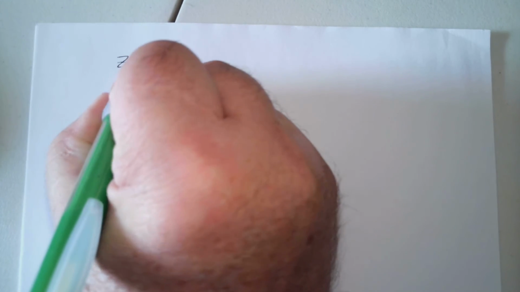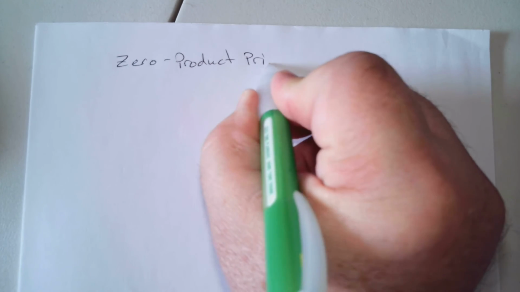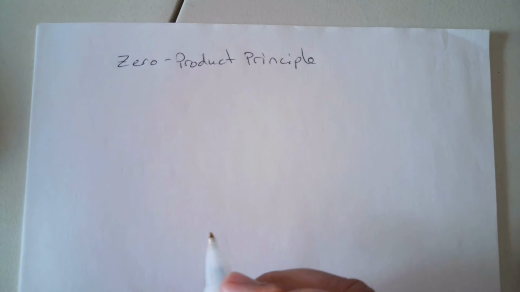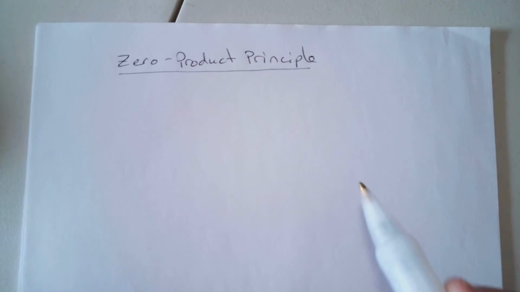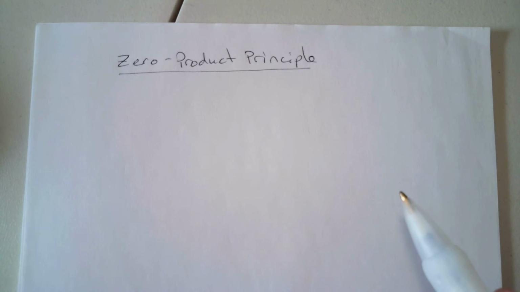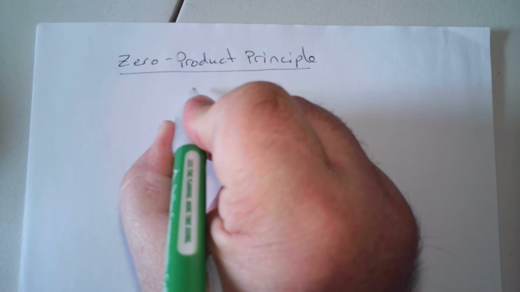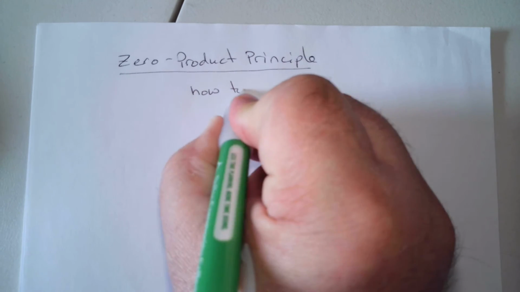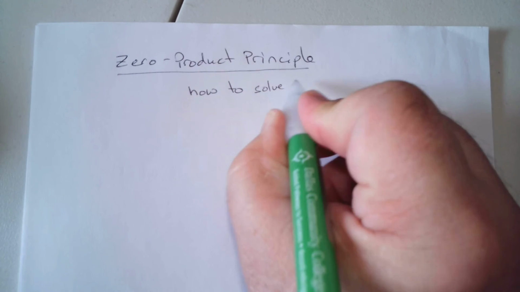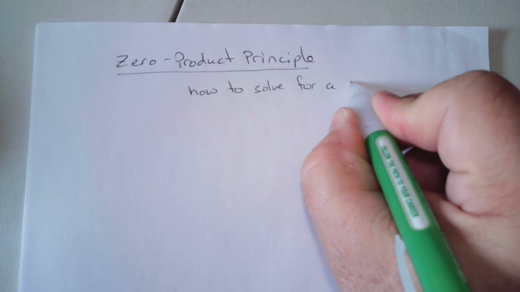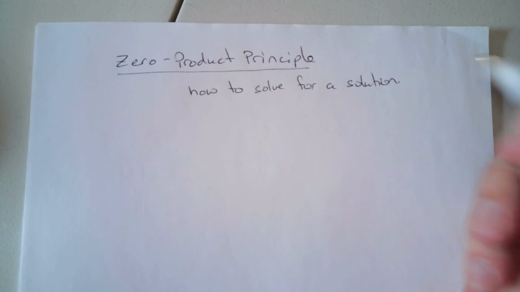Alright, now when we talk about solving or getting an answer for these equations, we have to talk about the zero product principle. The zero product principle is the rule that tells us how to solve for a solution.